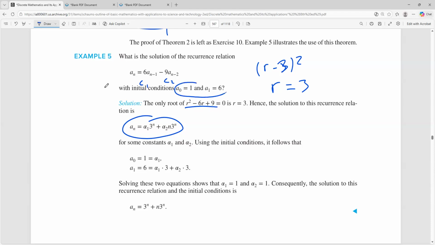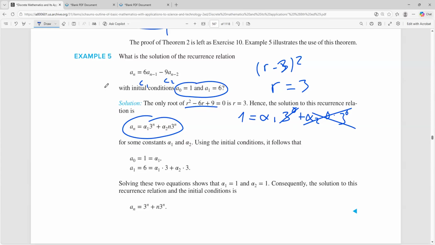And then once again, we plug and chug. We use the initial conditions here. We know that a0, which is 1, is equal to alpha 1 times 3 to the 0 plus alpha 2 times 0 times 3 to the 0. This becomes 0, this is 1, so we know alpha 1 is 1.